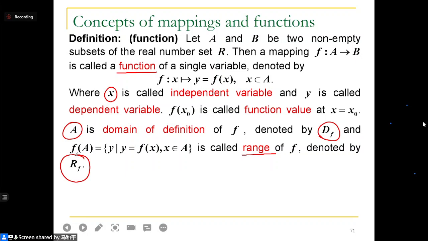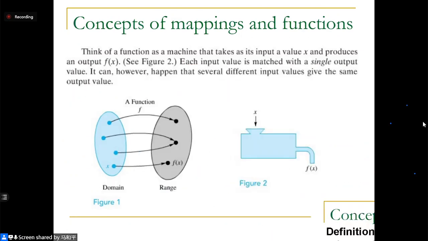Have you learned the definition of function before? Okay. If you learned it before, maybe it's easier for you to understand. And we may think of a function as a machine that takes as its input value x, and then produces an output, this is output f(x).